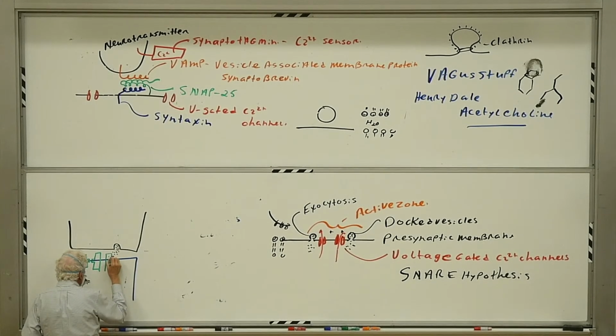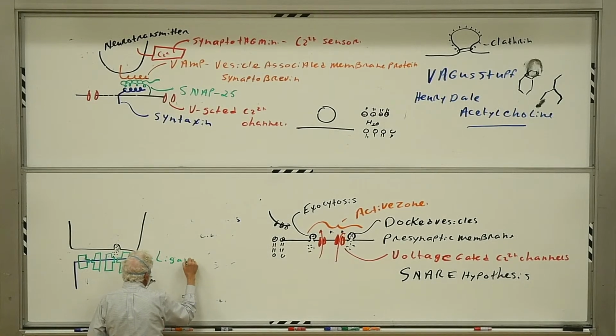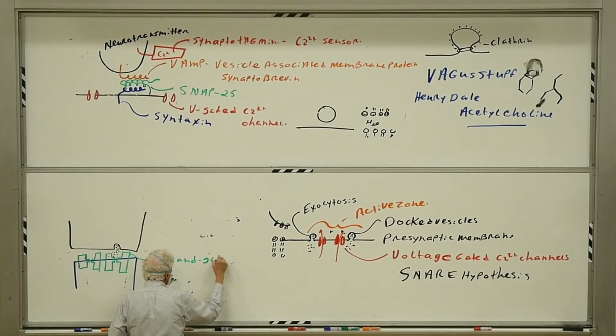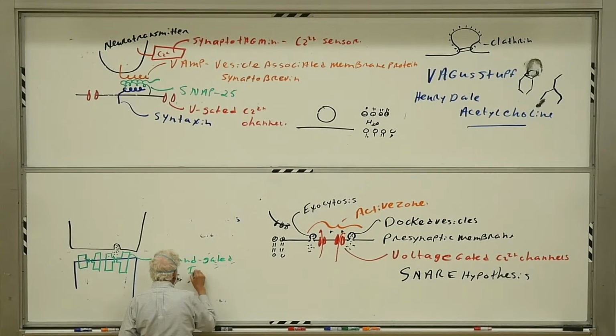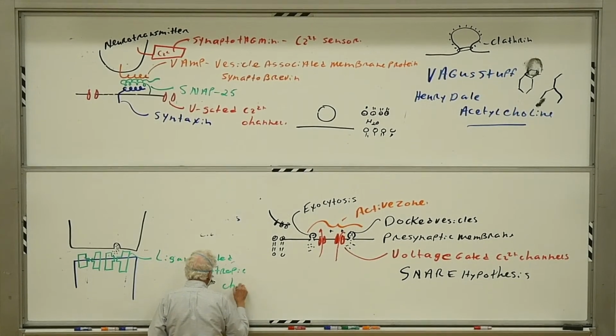And these channels have a name. These are, in general, called ligand-gated ionotropic channels.